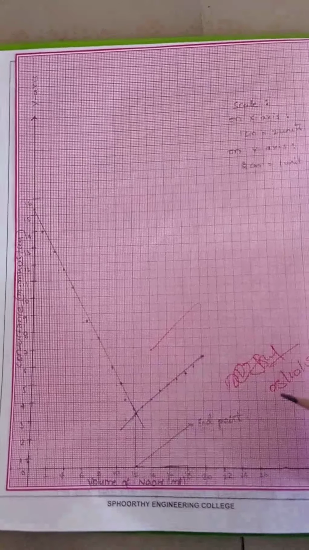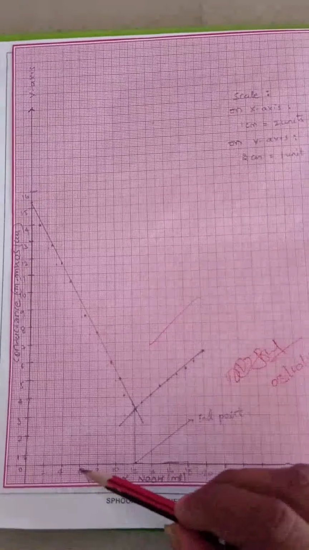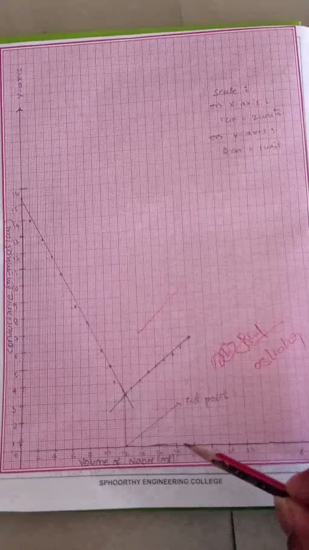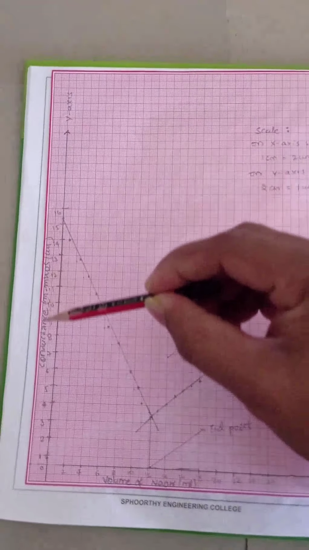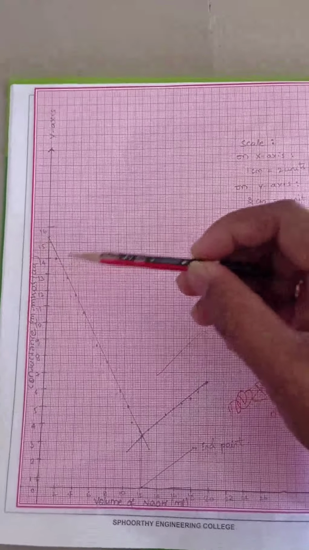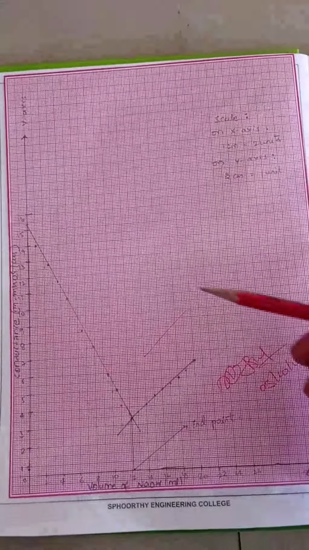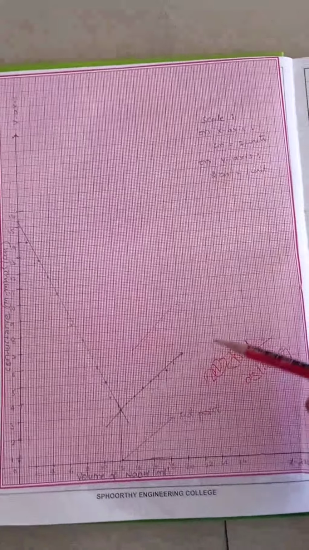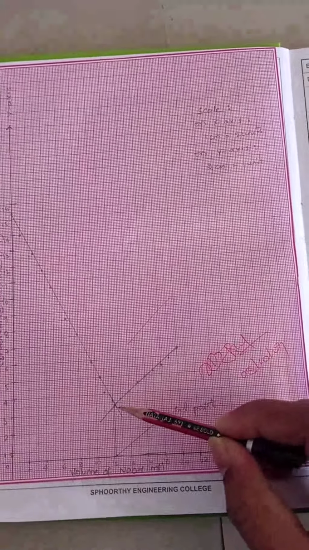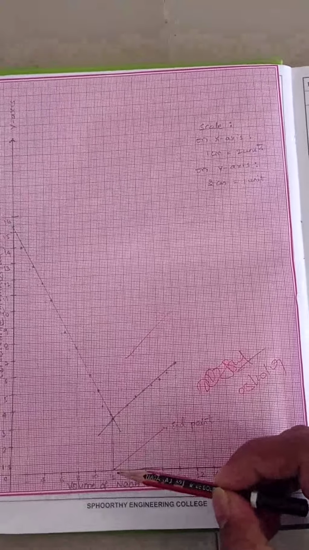As I said, here on the x-axis we take the volume of NaOH added from the burette. On the y-axis we take the conductance readings, which are in millimoles per centimeter. If you plot the graph for those values, you will get the V-shaped graph. Now we have to consider this intersection point, where it meets the x-axis.